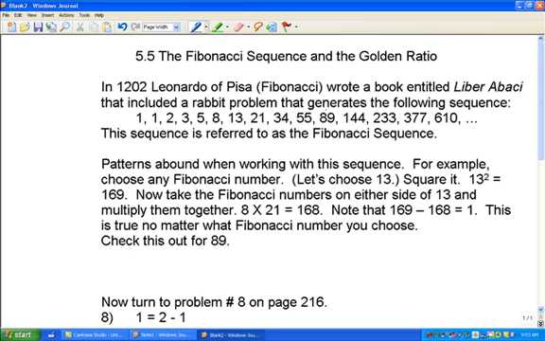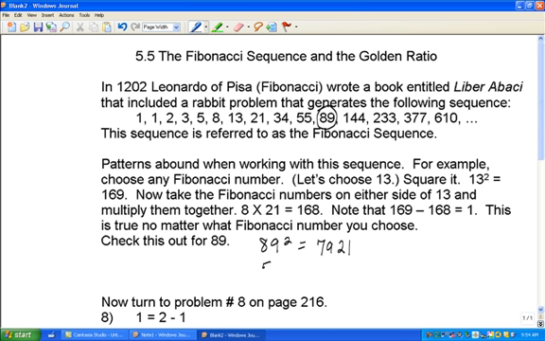So let's take a look at 89. We'll choose 89 this time. All right, 89 squared, and let me get my calculator out, is 7,921.